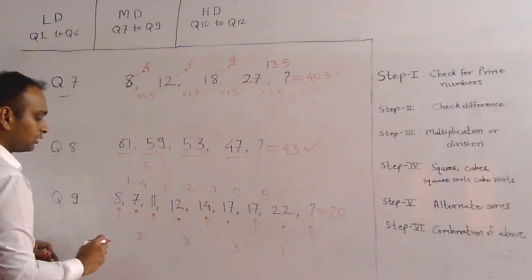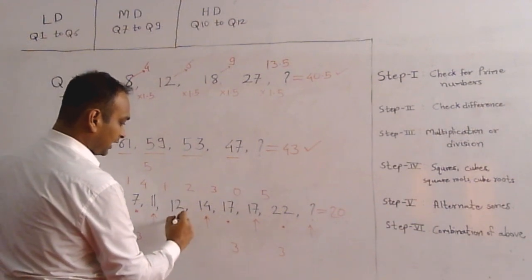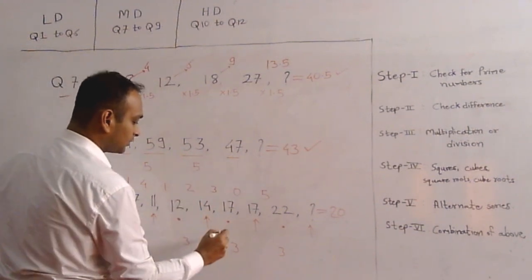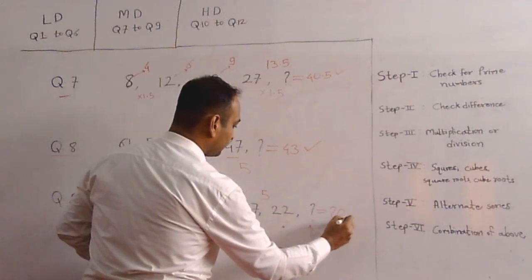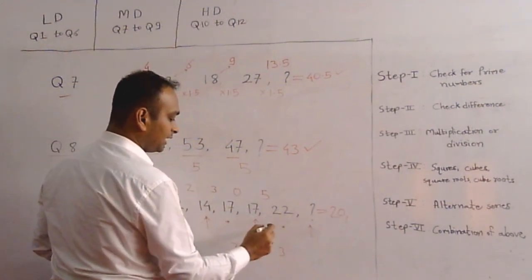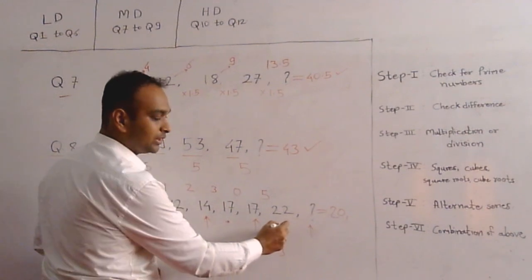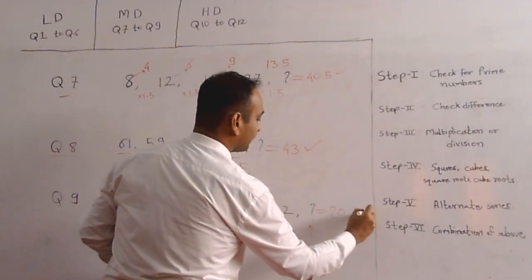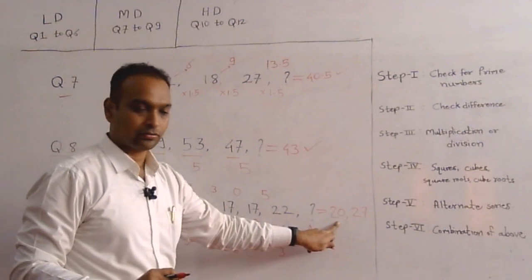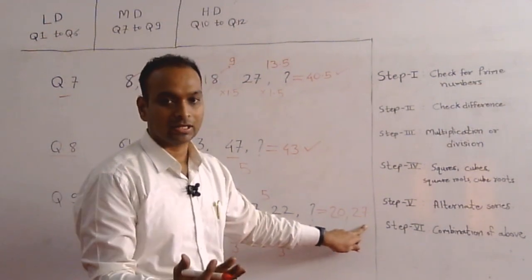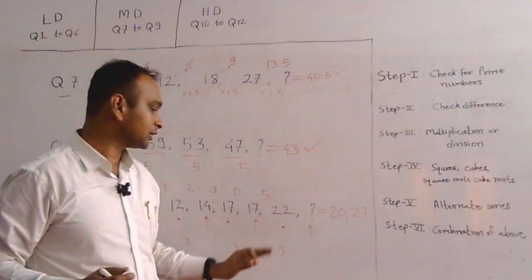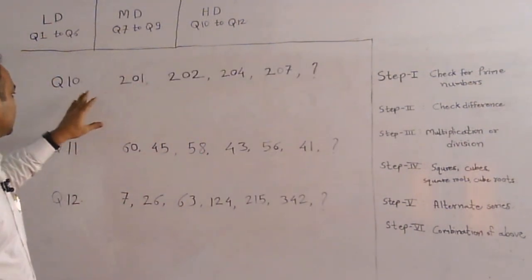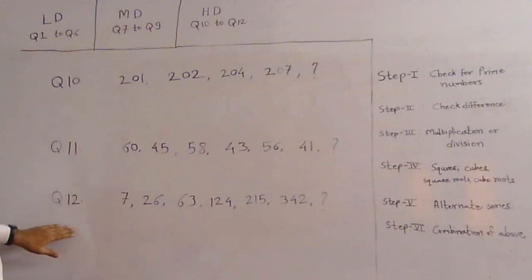I will write it down here. Then 12 and 17 difference is 5, 17 and 22 difference is 5. So after 20 we may have a number wherein we can add 5 into this 22, which gives 27. So this is our answer 20, but after that also we can calculate, and this series will go on till infinity, right?